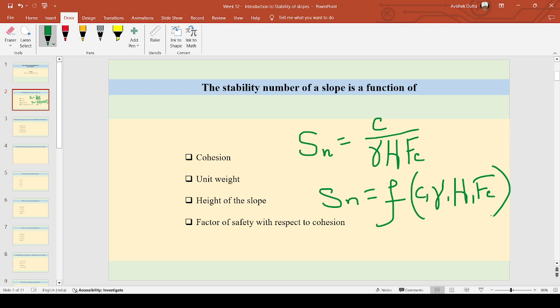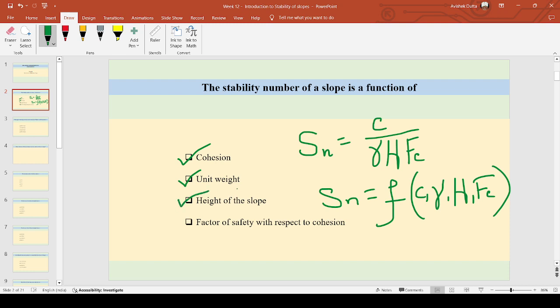So the stability number of a slope is a function of, first of all, cohesion. Then it is a function of unit weight also, inversely proportional. It is also dependent on the height of the slope, inversely proportional to the height of the slope.